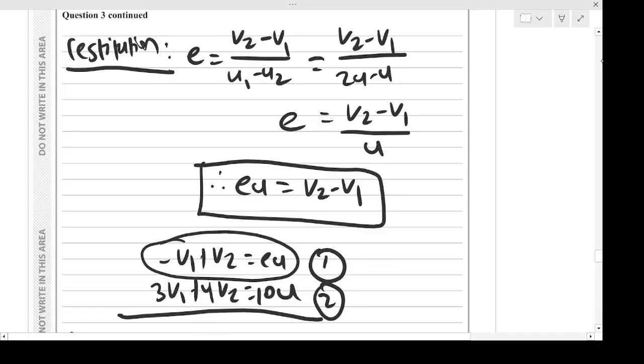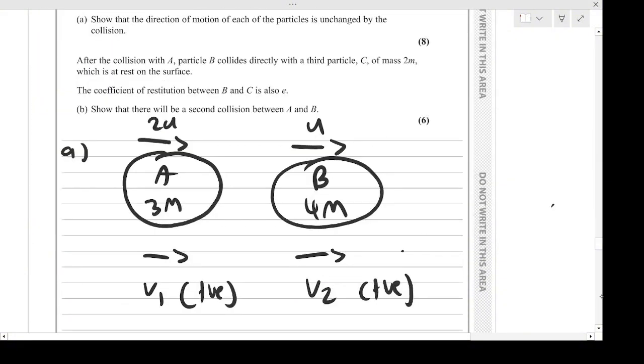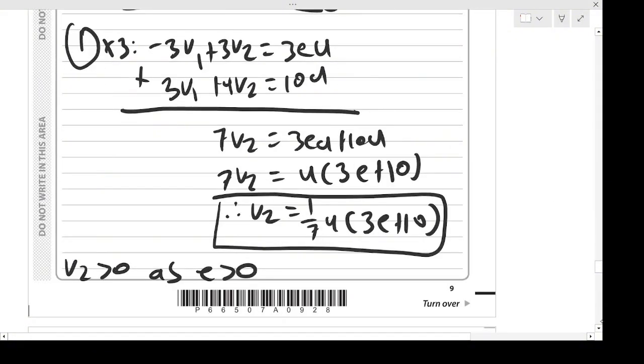So you see here they mention that the speed is u, so u is a speed quantity, which again must make it positive.